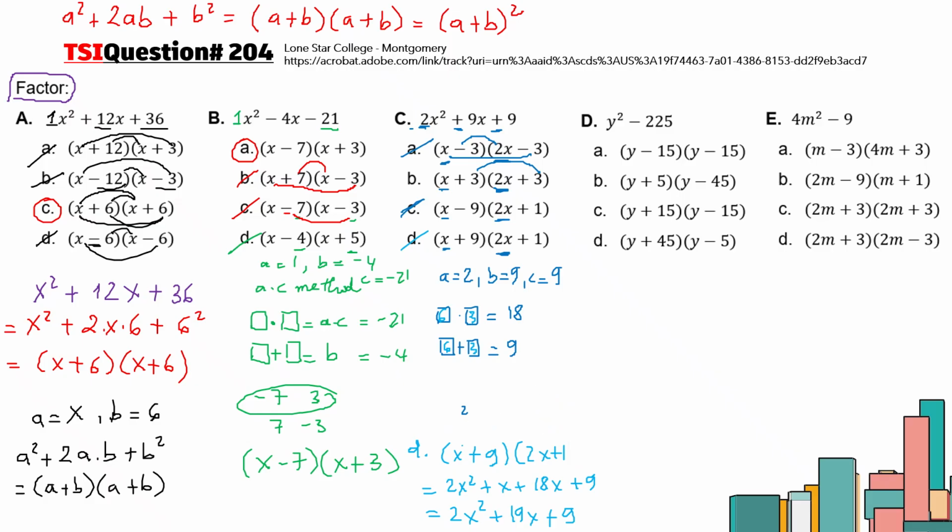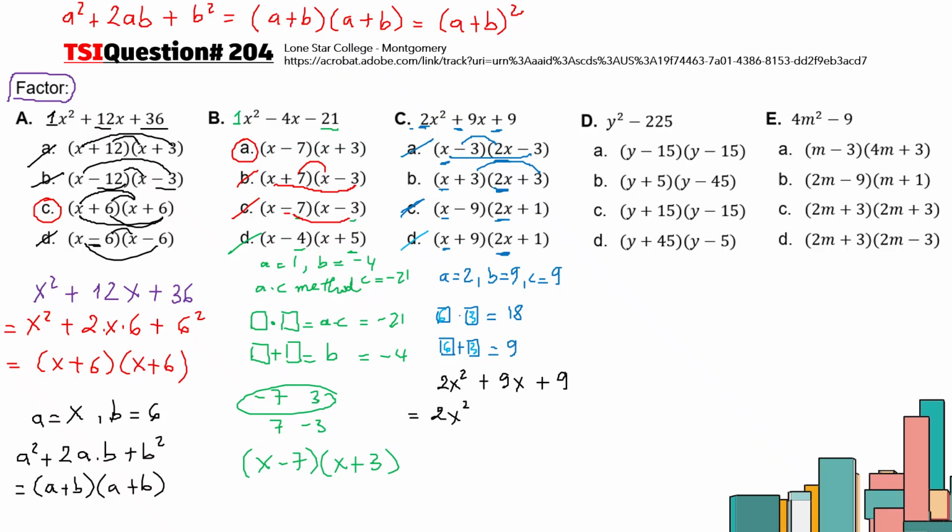We can continue to do the grouping right now. We have 2x squared plus 9x plus 9. Now I can rewrite this one as 2x squared plus 6x plus 3x plus 9.